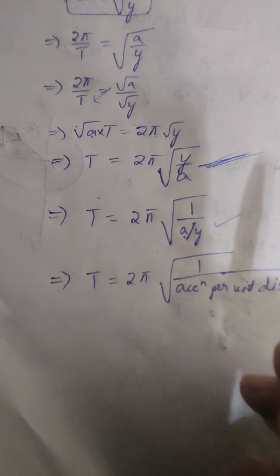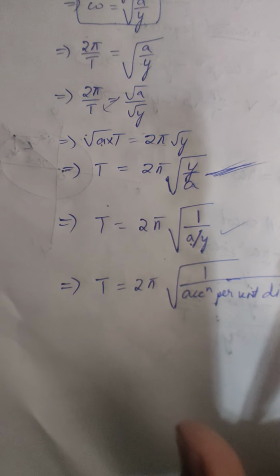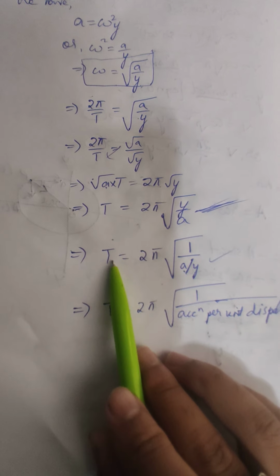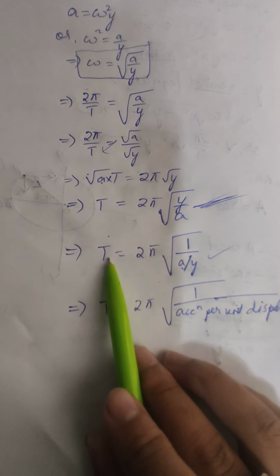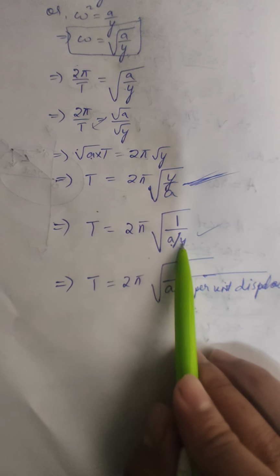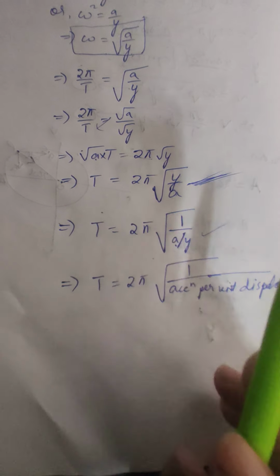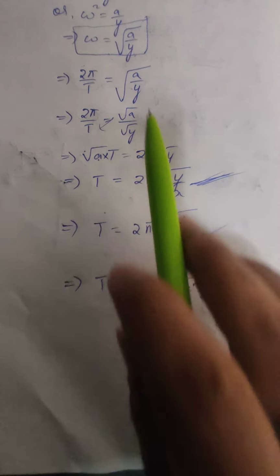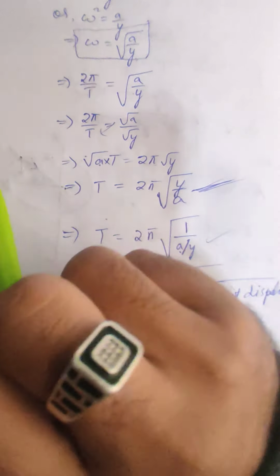What does that mean? It means that the time period of a simple harmonic motion is not depending upon the amplitude. Here also we are having acceleration and displacement. There is no amplitude, right? So time period is not depending upon amplitude, since omega is a constant quantity. So root a by y will be constant.